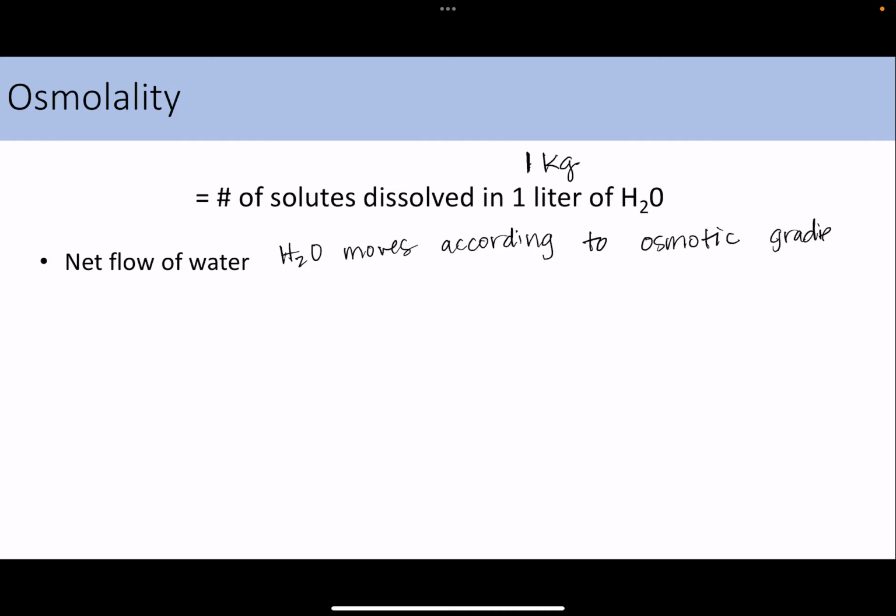And this may or may not be in your notes already, but water is going to move from a lesser osmolality to a greater osmolality. So basically, water is going to move from areas that are less concentrated to areas that are more concentrated in order to dilute that more concentrated area to try to make things equal.